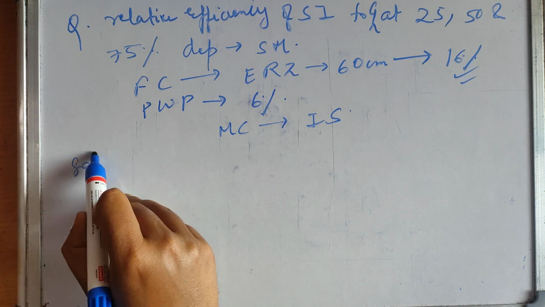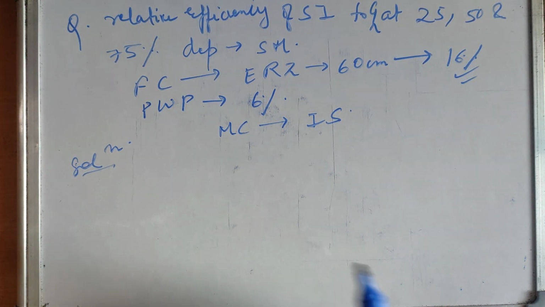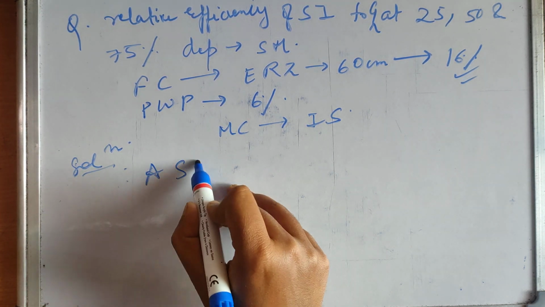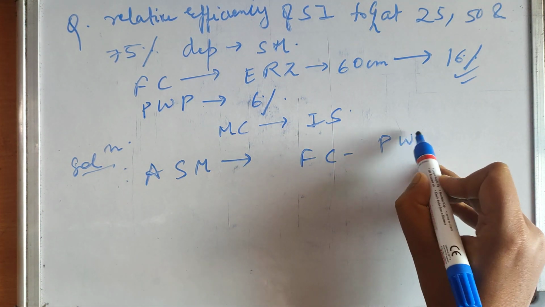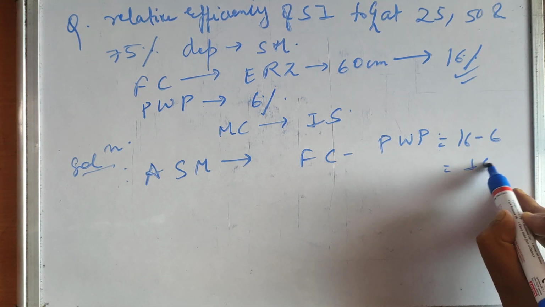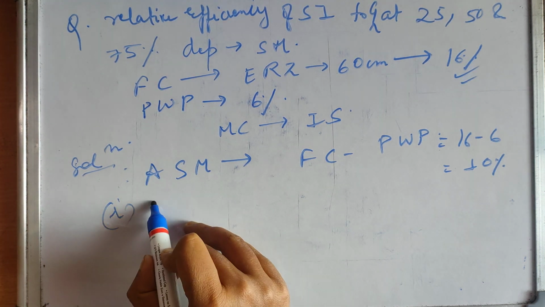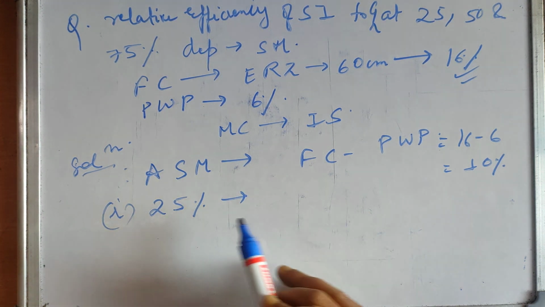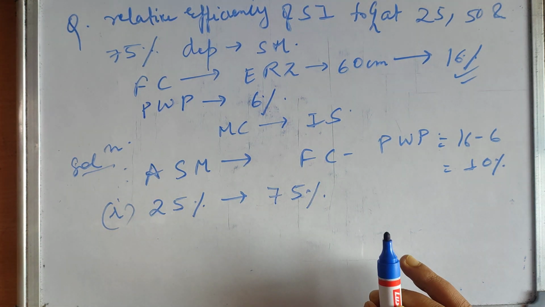So here is the solution. You must understand it. First of all we need to calculate available soil moisture. Available soil moisture is field capacity minus permanent wilting point, so it is 16 minus 6, that is 10%. Now for the first, 25% depletion, the available moisture is 75%.